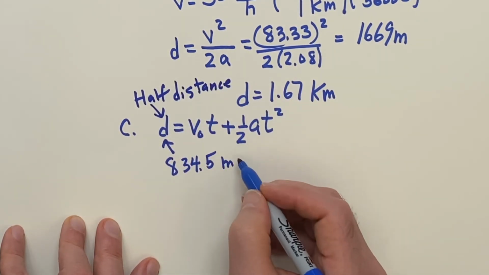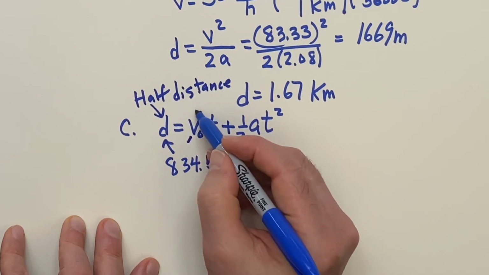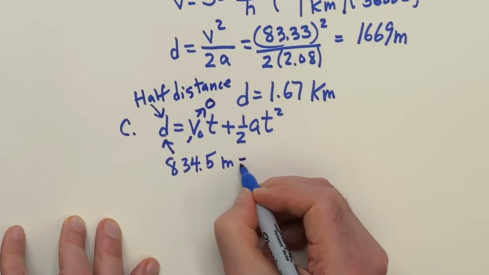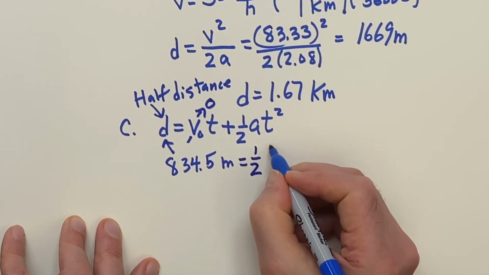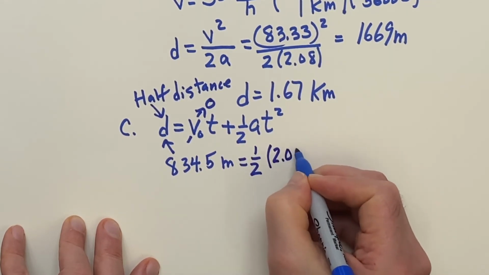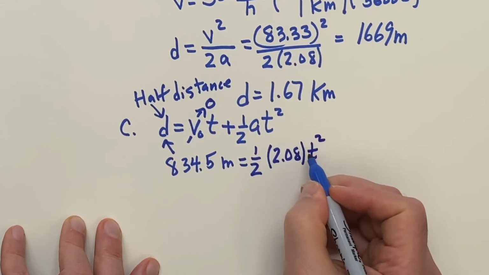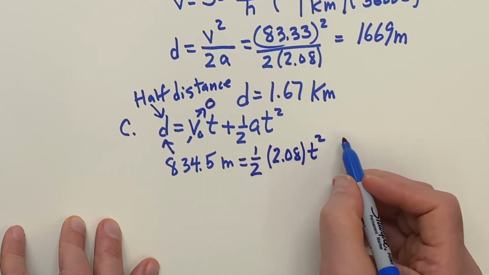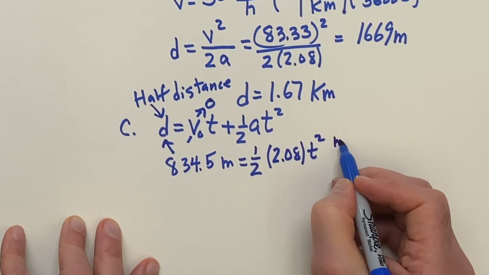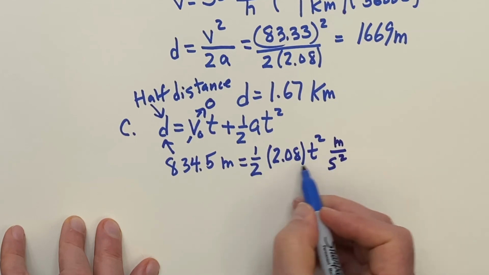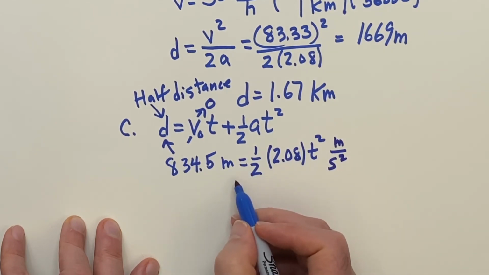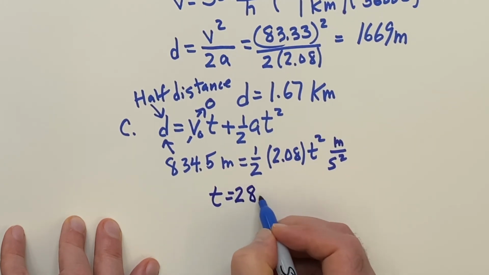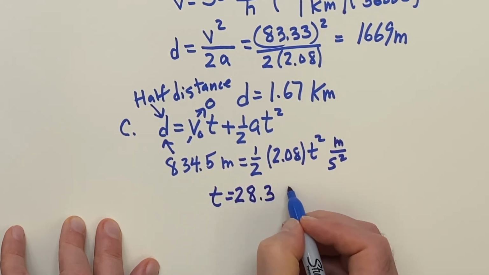All right, so if we do that, remember that the velocity that we started with is 0. So here I'm going to have the 1/2, and then I'm going to have the 2.08 t squared. This is easy to work out. We're going to multiply by 2. We're going to divide. And to keep the units here, this is meters per second squared. And then when we do that, we're going to get t is 28.3 seconds.